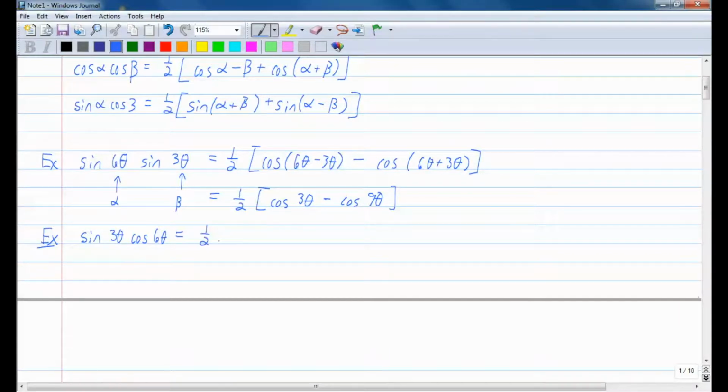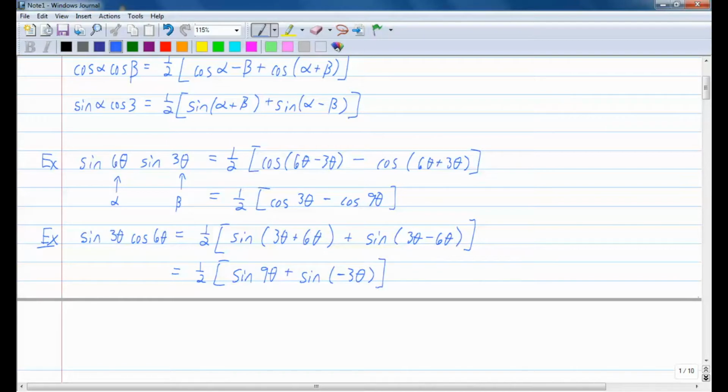That's going to be 1/2 times sine of alpha plus beta, so that's 3 theta plus 6 theta, plus sine of alpha minus beta, so that would be 3 theta minus 6 theta. Alright, so that's equal to 1/2 times sine of 9 theta plus sine of negative 3 theta.